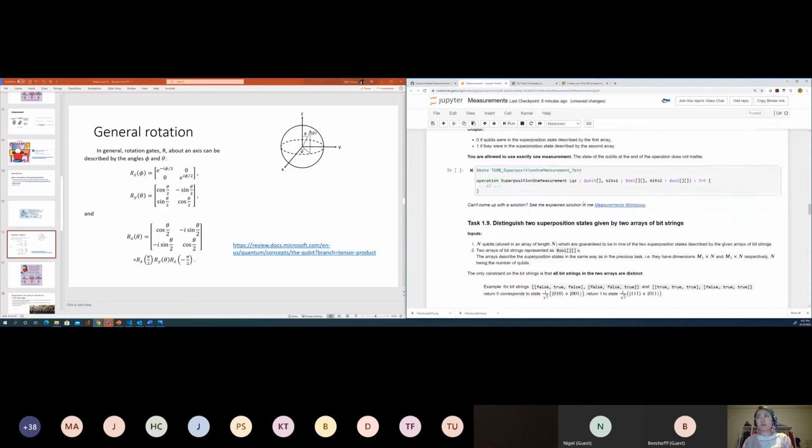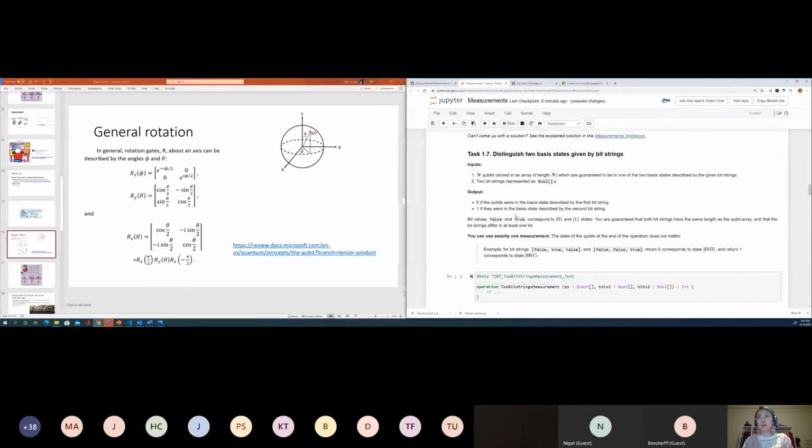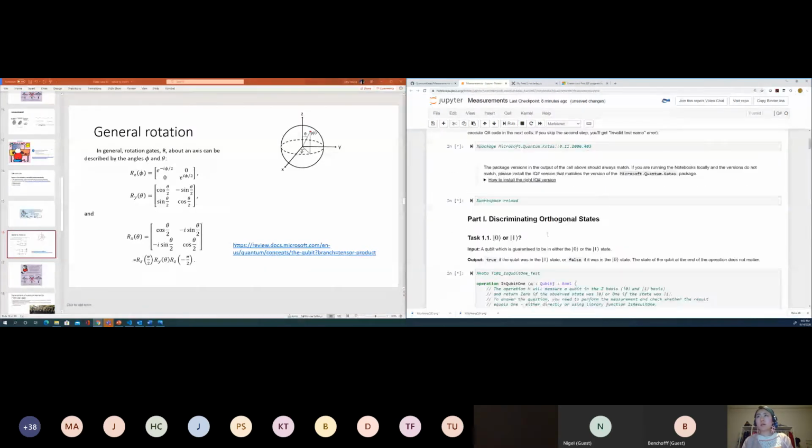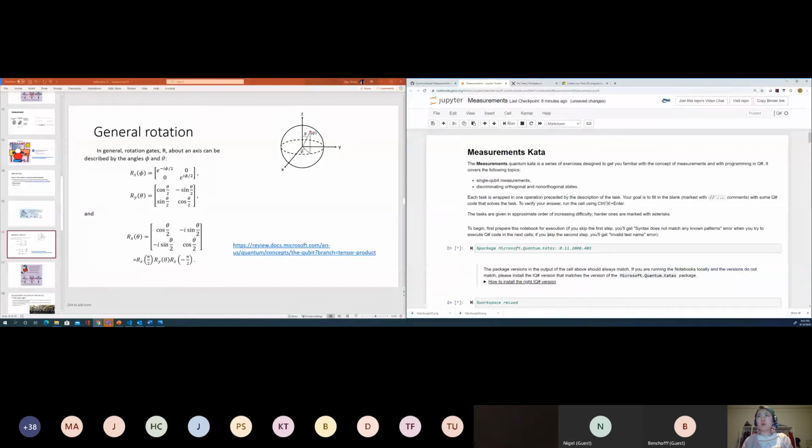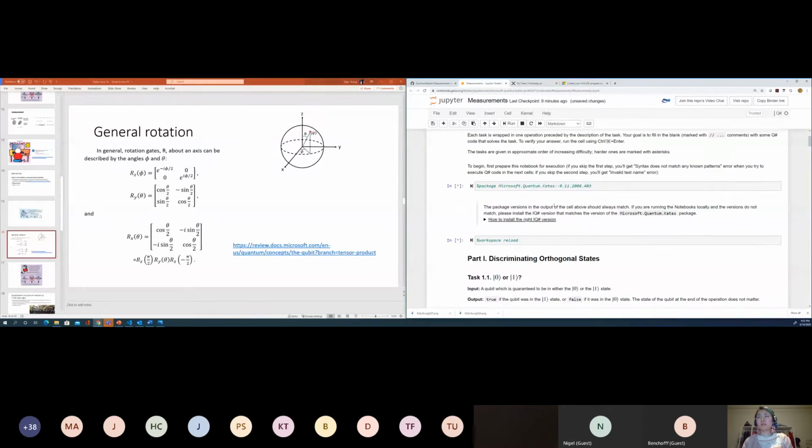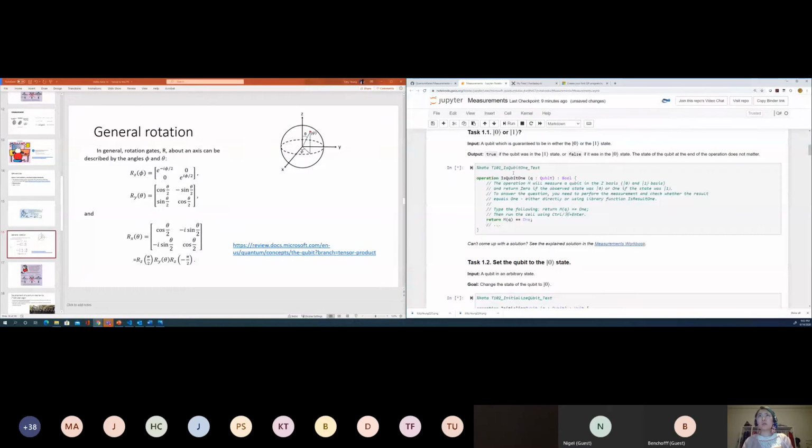And the later exercises, you should do them. And we have certificates. Remember, the kata is a very good exercise for self-paced learning also. And for this one, measurement, it also has a workbook. If you get stuck, you can go look at it. But we don't have a workbook for all of the katas. This one really teaches you, but there are later ones that don't have a workbook, so you cannot look up these explanations.